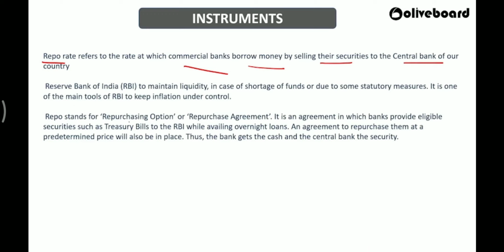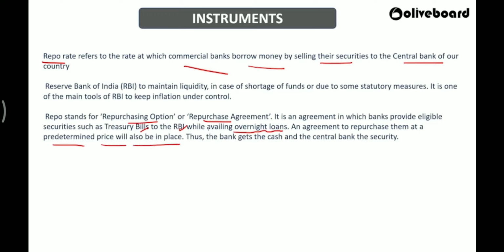Repo stands for repurchasing option or repurchase agreement. It is an agreement in which banks provide eligible securities such as treasury bills to the RBI while availing overnight loans, and agree to repurchase them at a predetermined price.